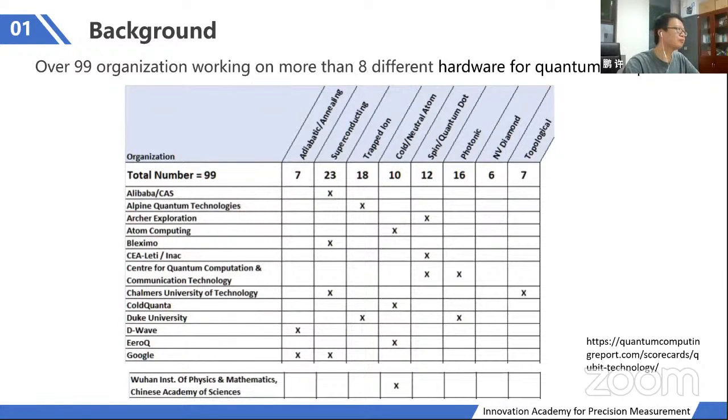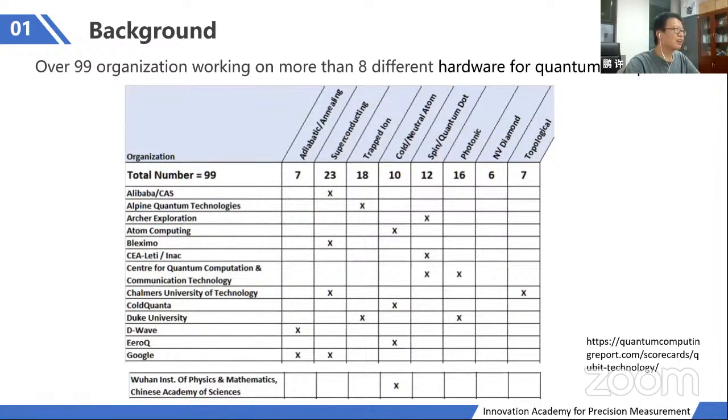We can see from this website that they list adiabatic, superconducting, trapped ion, cold or neutral atoms, spins, quantum dots, photonics, NV centers, and some topological systems.